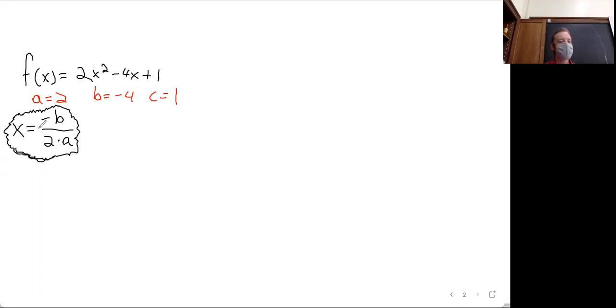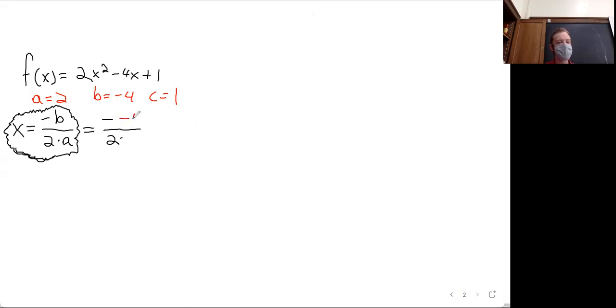So we need to plug our numbers in here. I know that I have a negative in the numerator from my equation. I also know that I have a 2 in the denominator from my equation. But when I plug in my numbers, I'm also plugging in -4 in the numerator. So that number is also negative.